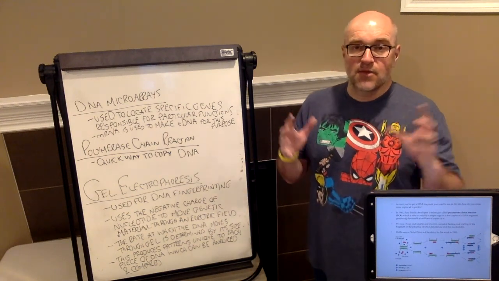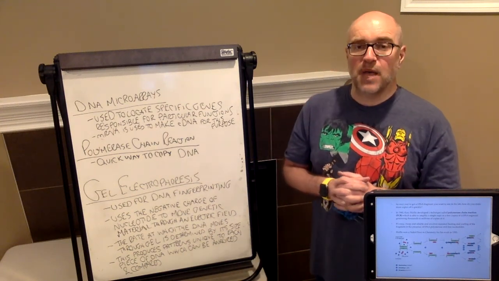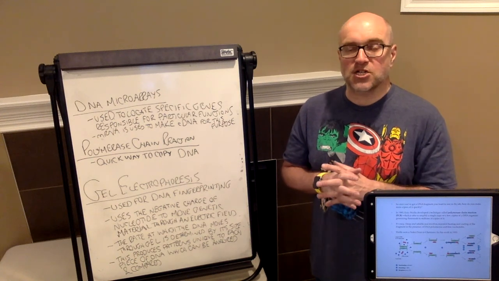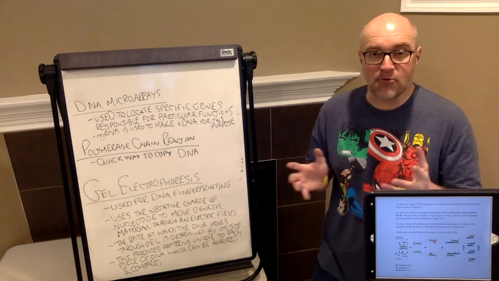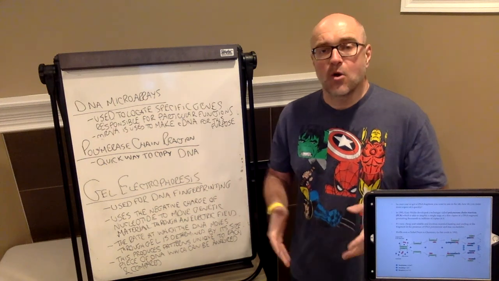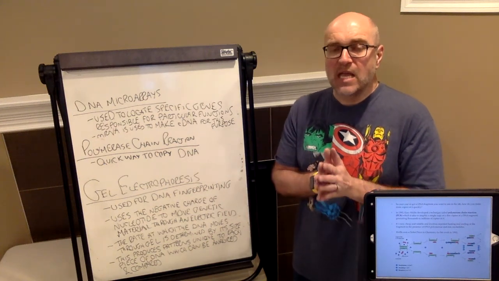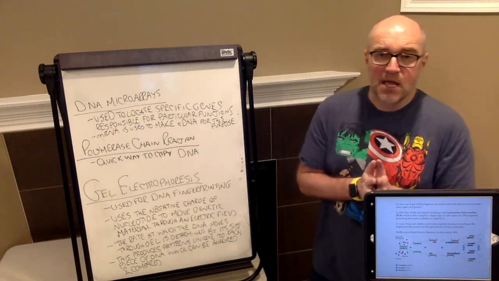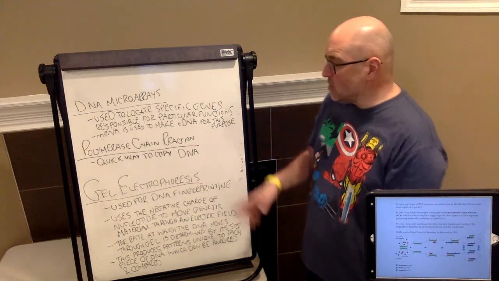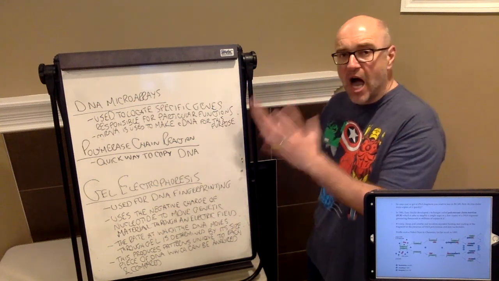He basically created this technique, which creates a chain reaction of DNA polymerase reactions, which copies one piece or a few pieces of DNA into millions of pieces of DNA in a very, very short time. So we can use this process to actually copy DNA.